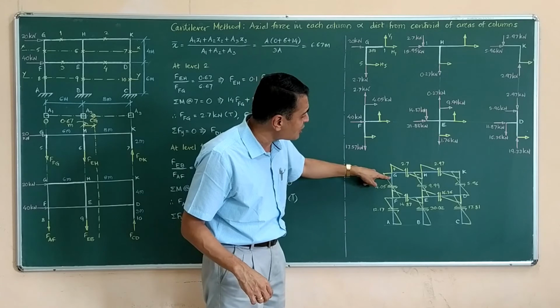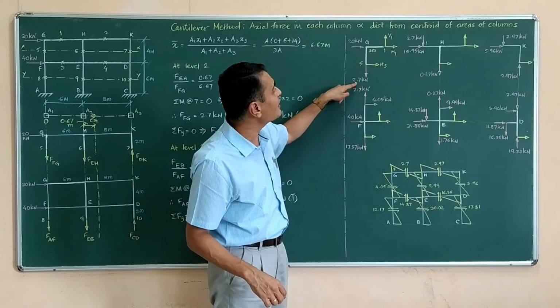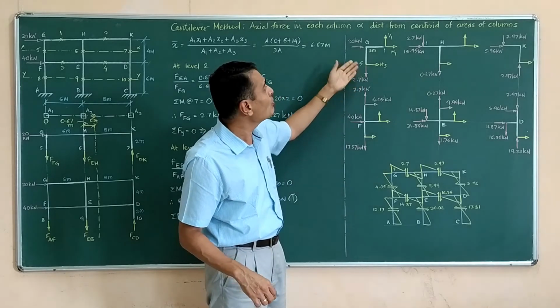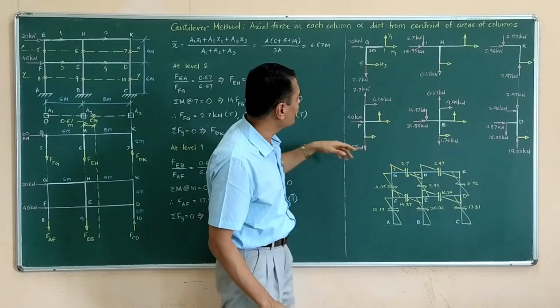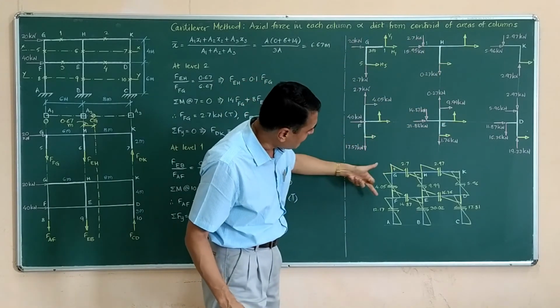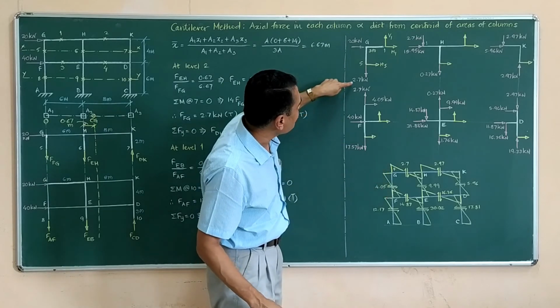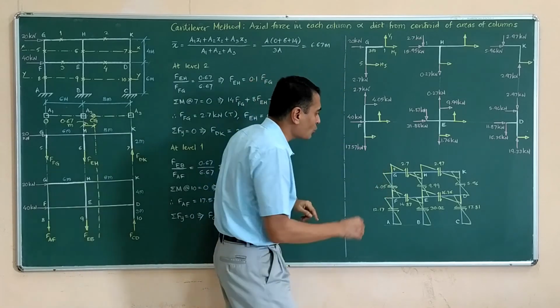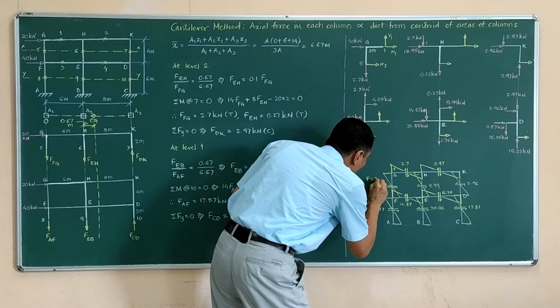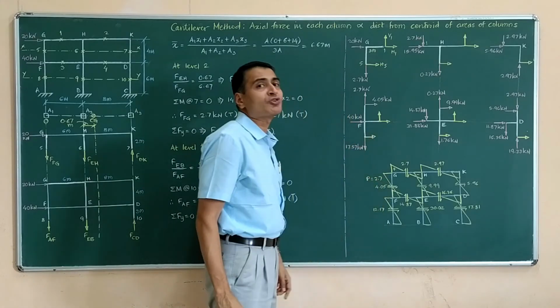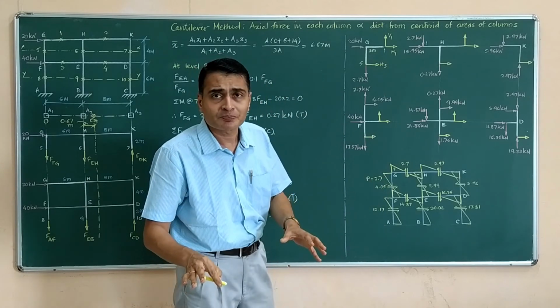And then near each member, you can write the axial force value which you will be getting from our FBDs. For example, if I consider member FG, F of FG is 2.7 kilonewtons positive. So you are writing P is equal to 2.7. Positive answer means tension.